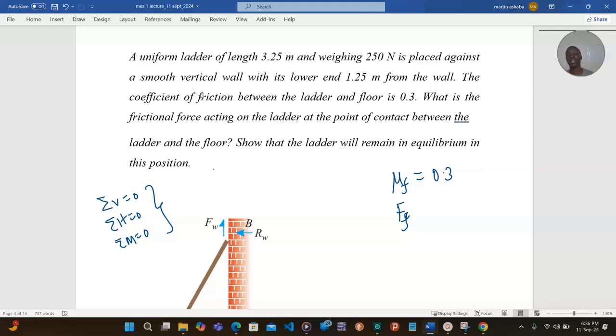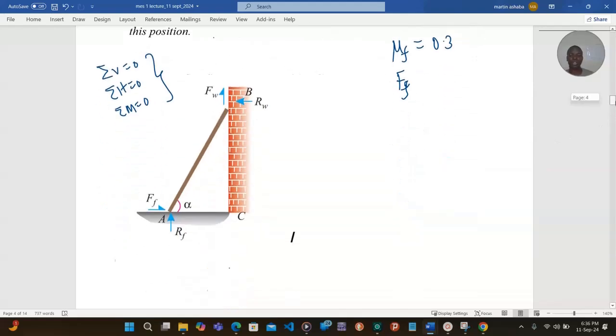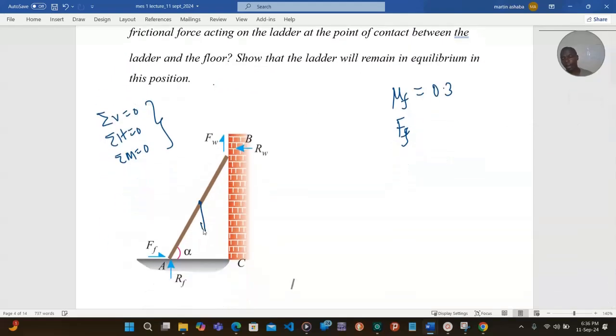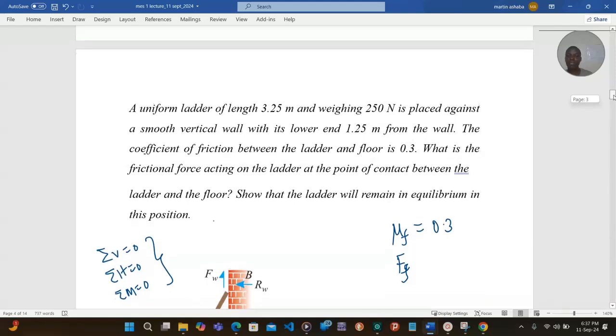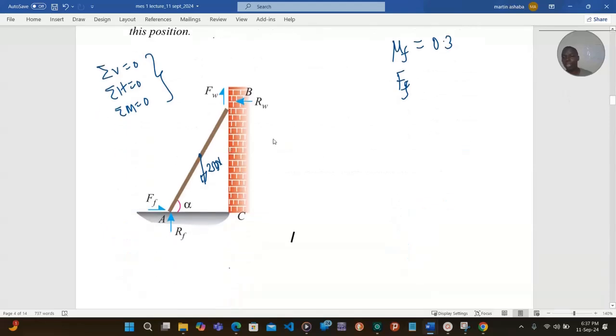So let's right away indicate this information, the scenario. Our W is given as 250 newtons. That's the weight. Then the ladder is of uniform length, so the length of the ladder is 3.25 meters.